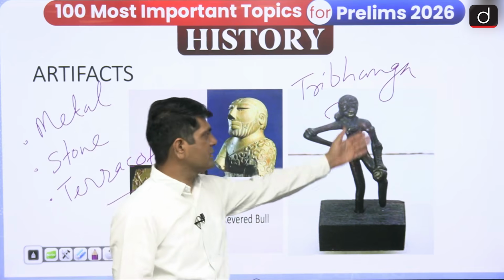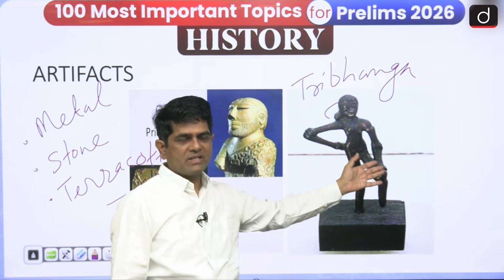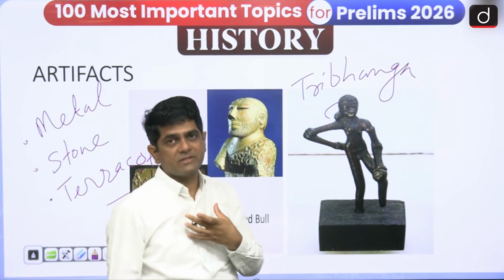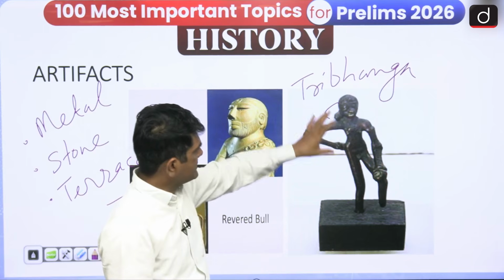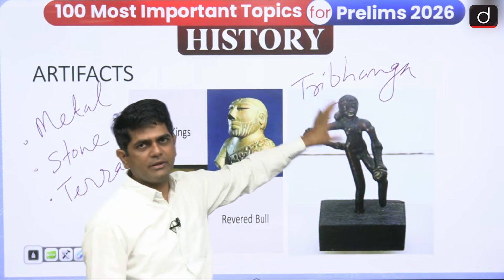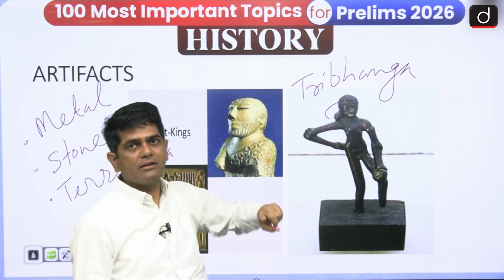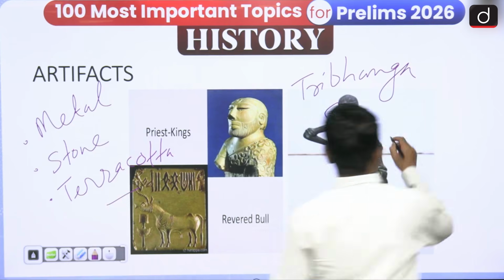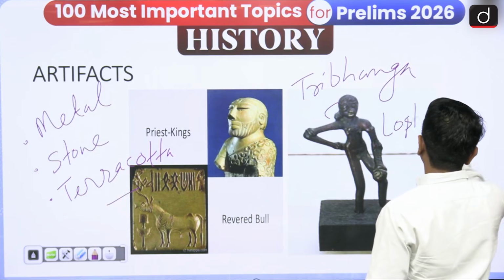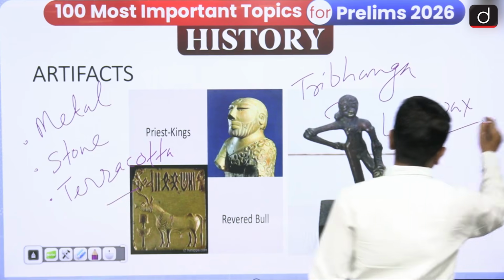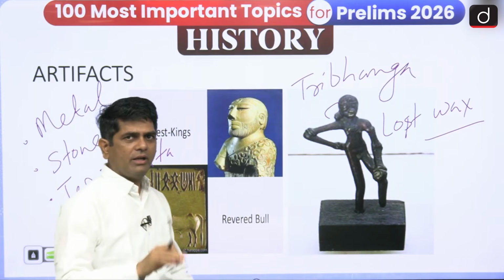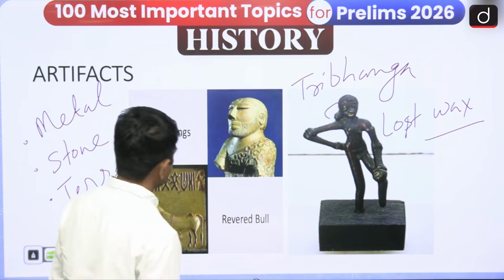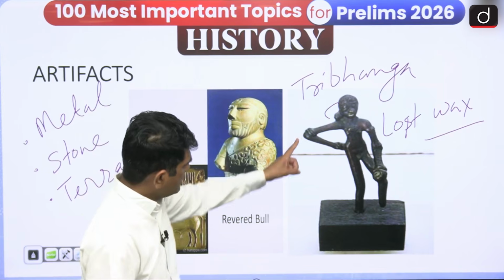The second hand is full of bangles. She is wearing a necklace. The Harappan sculptors made metal sculptures by following the lost wax technique. So that was all about the metal.